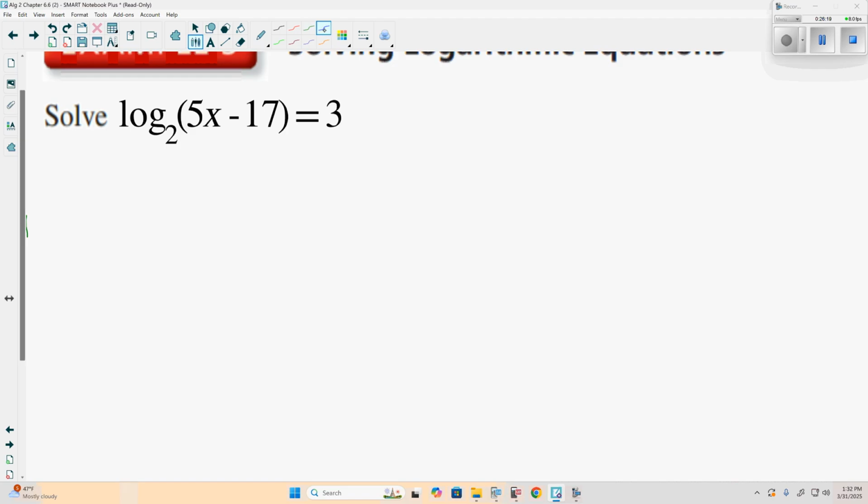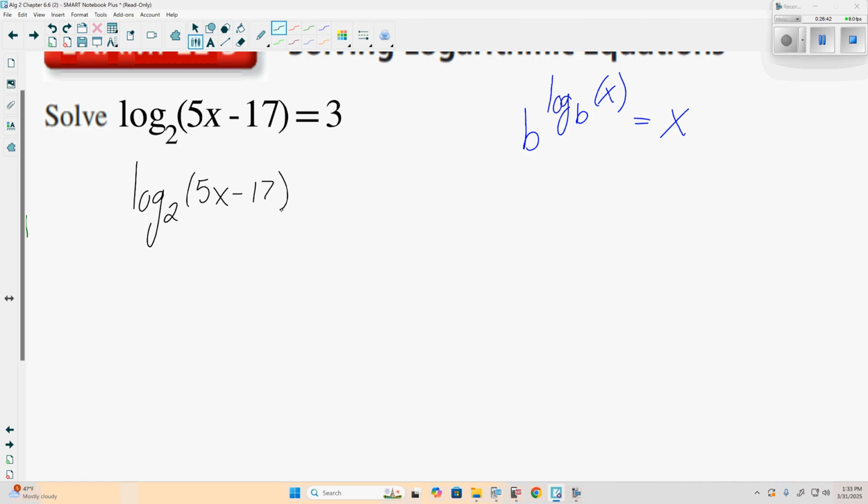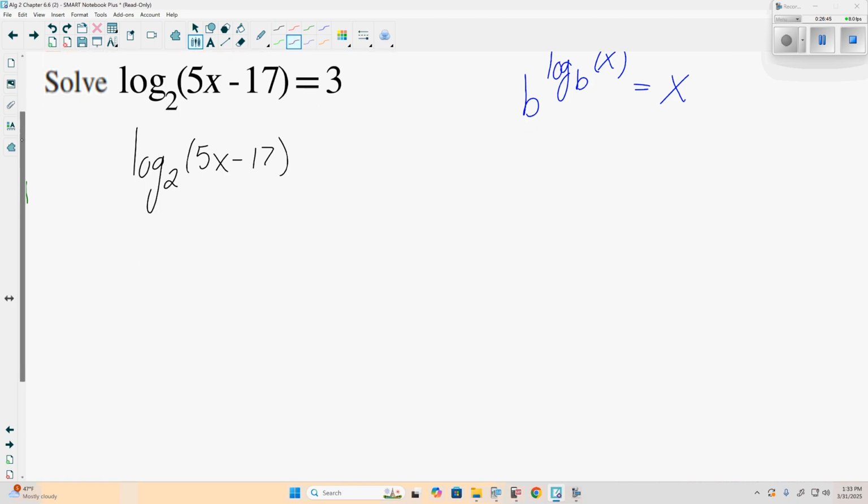Now, one of the other properties that we had with logarithms is that b to the log base b of x, when the base of the logarithm and the base we put it to are the same, they simplify and leave what's inside the log. So for this here, our log base 2 of 5x minus 17, if we put this logarithm to the base of 2, we get 2 to the log base 2.